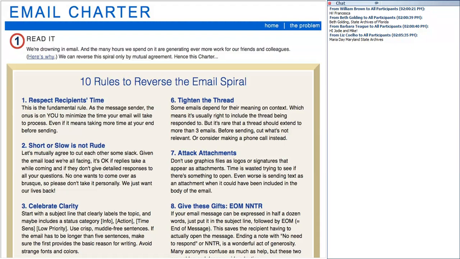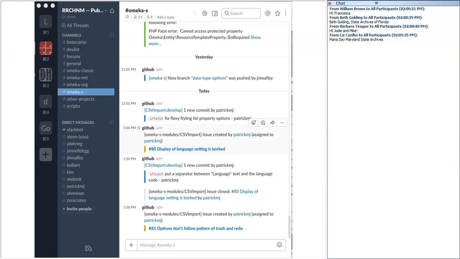So another way that we may manage this kind of communication and collaboration is to not assume that everything has to be eternally recorded within email.